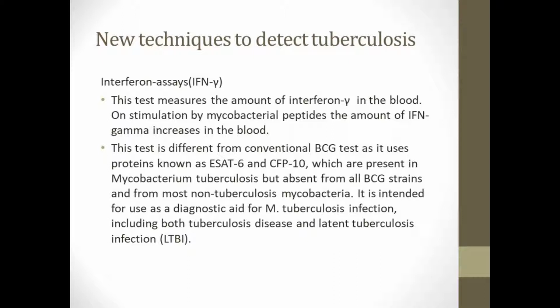This test is different from the conventional BCG test, as it uses proteins known as ESAT6 and CFP10, which are present in Mycobacterium tuberculosis but absent from all BCG strains and from most non-tuberculosis Mycobacterium.